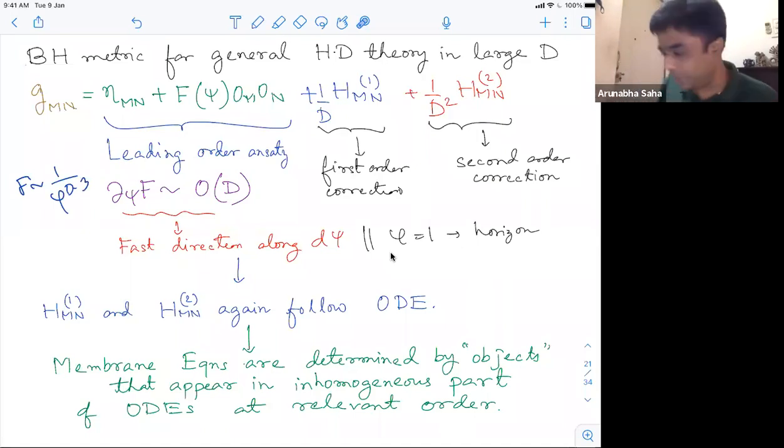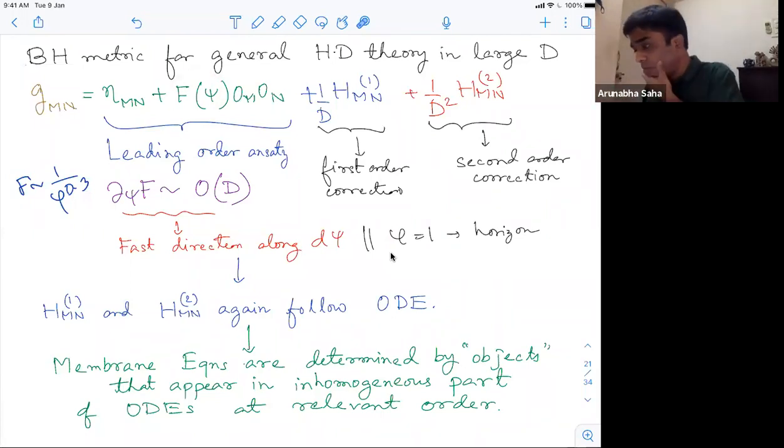I think this is a reasonable demand. And also that f of psi should be 1 at psi equal to 1, which is still the horizon. It is easy to check that if f of psi goes to 1 in this limit, then this happens. Then you follow a similar procedure and arrive at the metric corrections for this particular thing.